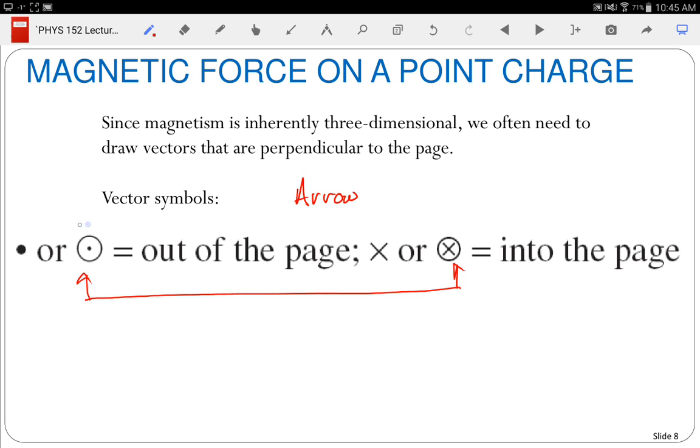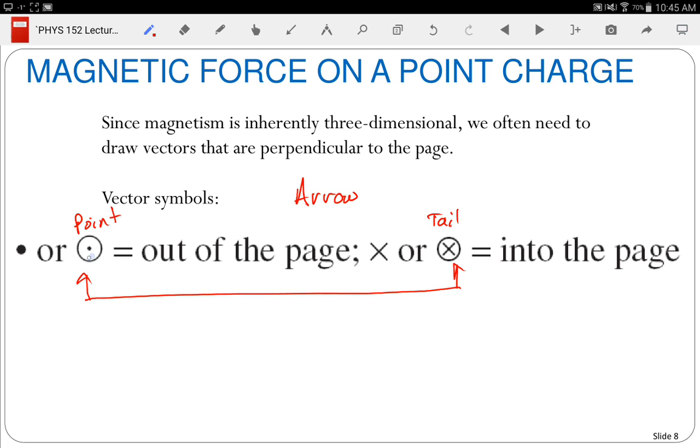And so here you're looking at the point of the arrow, so it's coming out toward you. Here you're looking at the tail of the arrow, so you see the fletchings of the arrow as it's flying away from you. So there's actually somewhat a reason for how we have those symbols.